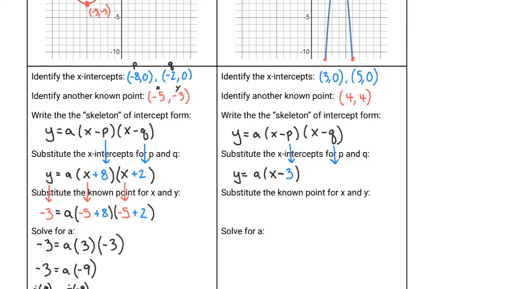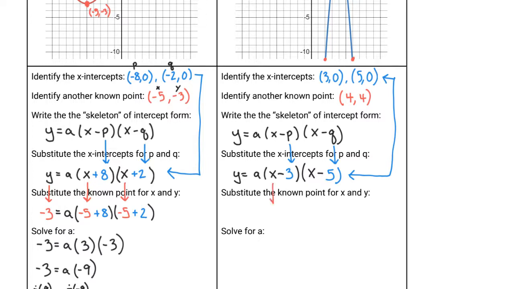It's a +3. And then same thing, we've got x minus Q, which was a +5. So hopefully we can see that connection, that where we see positive numbers, we're going to see subtraction signs, and where we see negative numbers, we're going to see addition signs in the form.